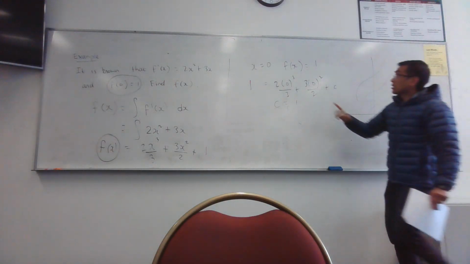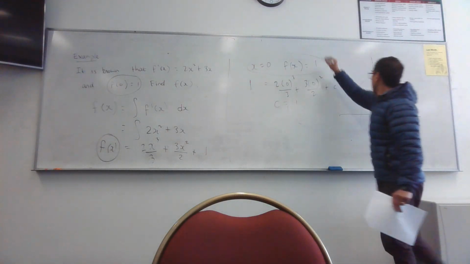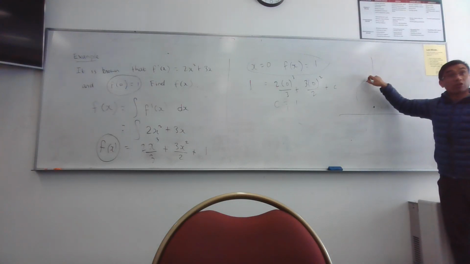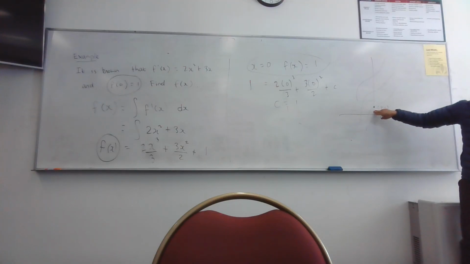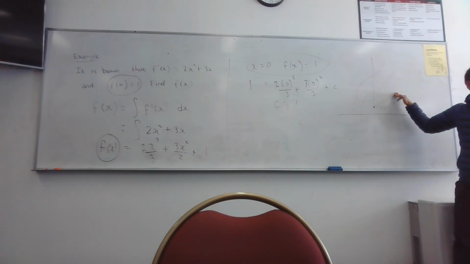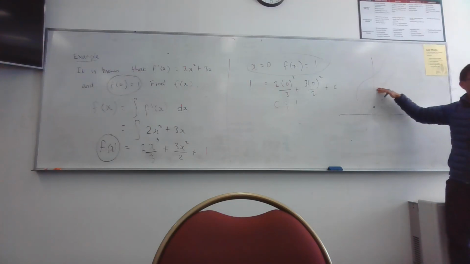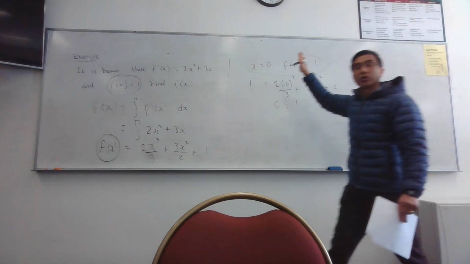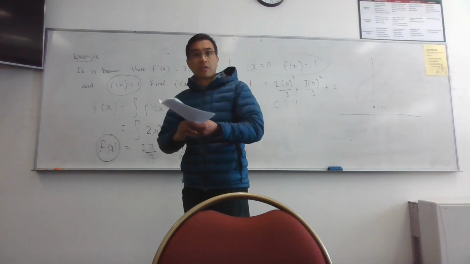But our point (0, 1), which is right there, locks the general graph into this specific line. Does that make sense? You need a point to lock the integral graph exactly where it should be without all these variations of constants. Any questions?